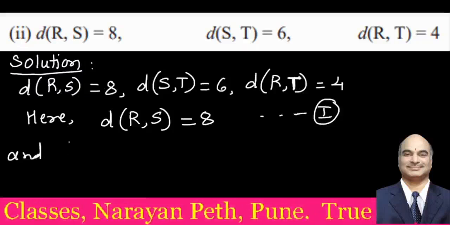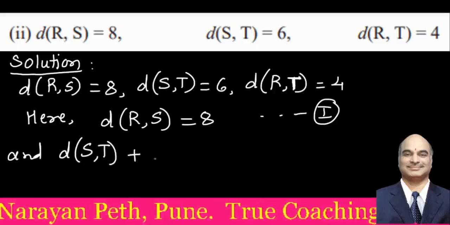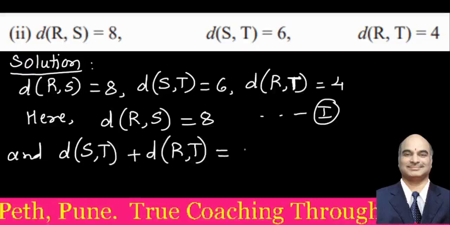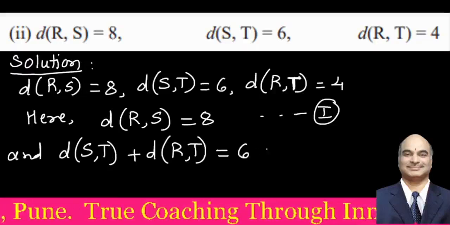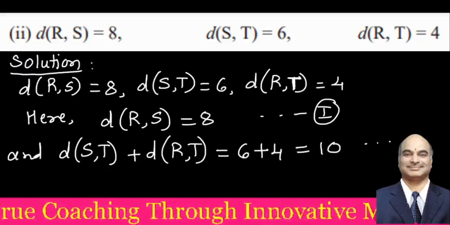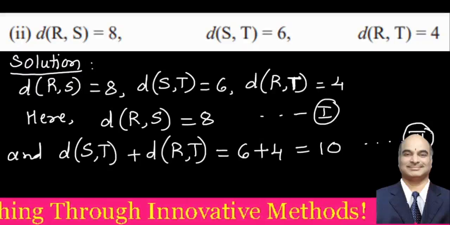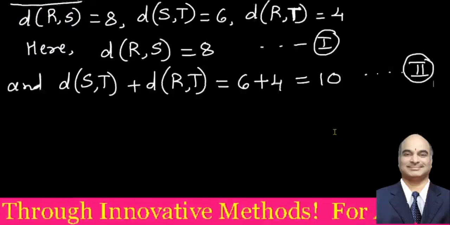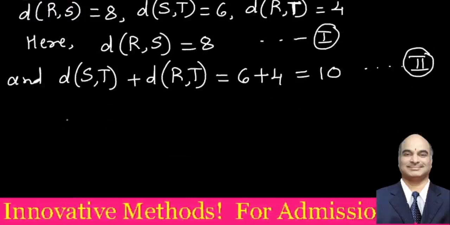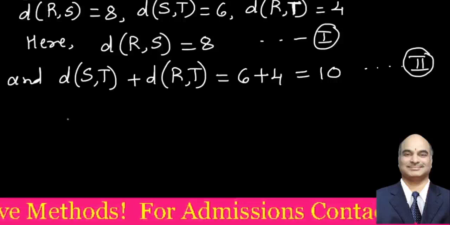And now the sum of the other two distances, ST plus RT, is equal to 6 plus 4, which is 10. This is our statement number 2. Now if we carefully observe these two statements, both right hand sides have different values.